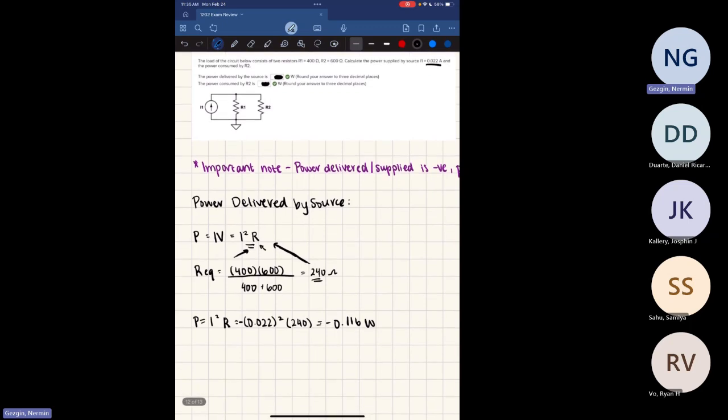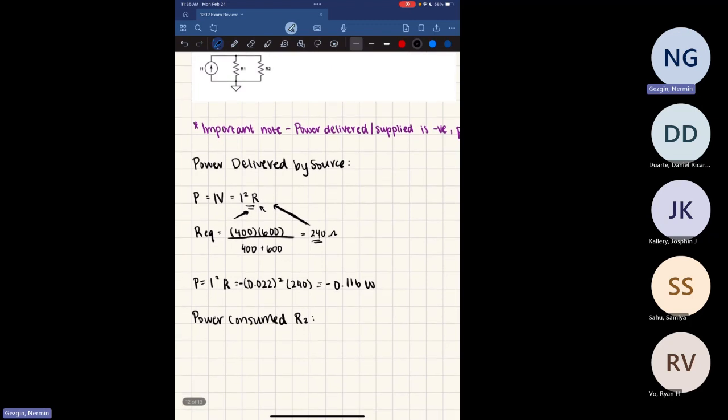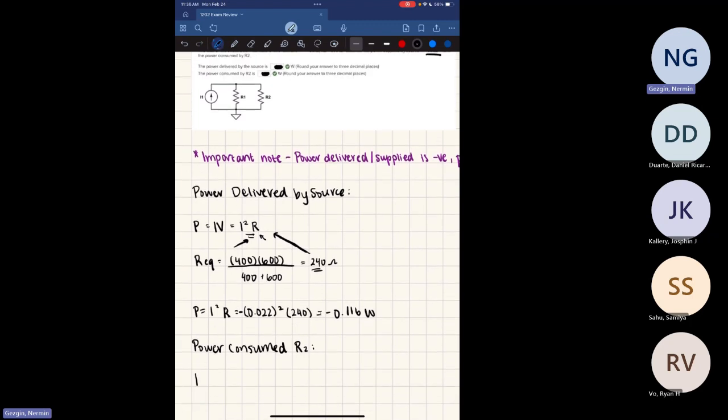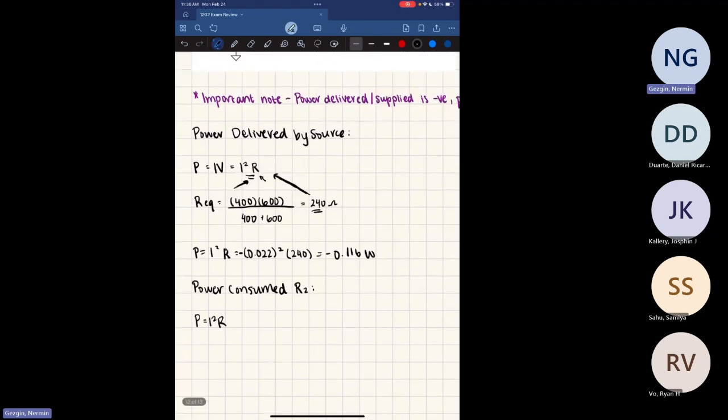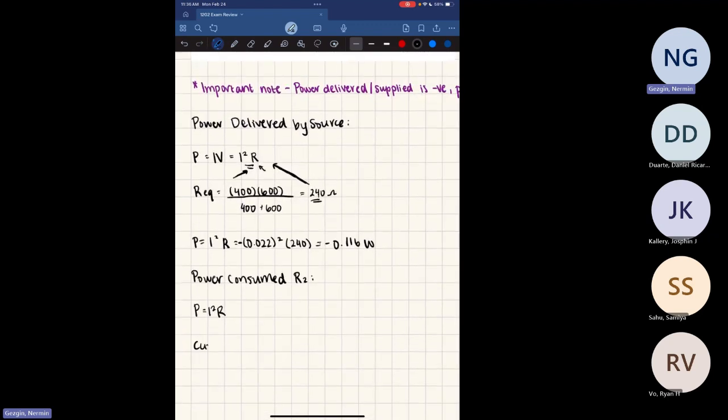So next we're being asked the power consumed by R2. So here we need to do current division because we're trying to find, again, we're going to use this equation I squared R, but here the current going in here and the current going into this resistor are different. So we need to do current division so we find what's going into this resistor here, and then based off of that, we need to find power. So to do this, let's just say current division for R2.